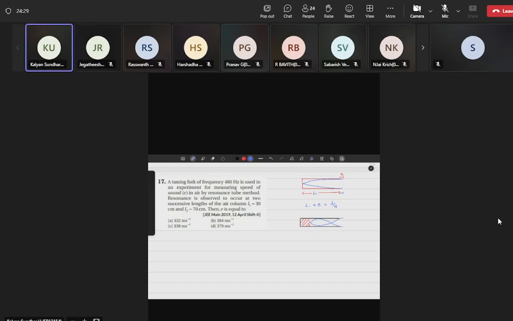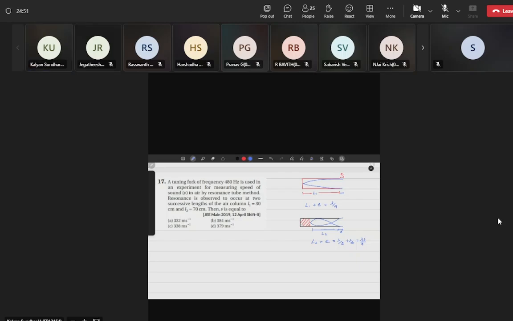What will the overall lambda value be? Node to node, it will be lambda by 2 plus lambda by 4. Correct? So here I will write this as L2 and this is your E value. So L2 plus E will be equal to lambda by 2 plus lambda by 4, which will be 3 lambda by 4.